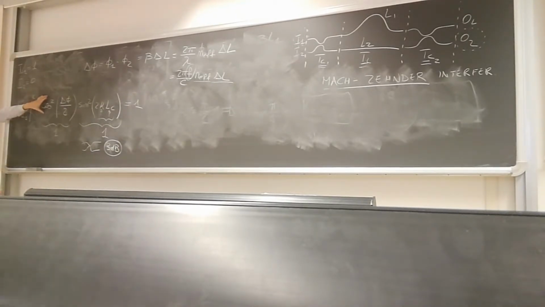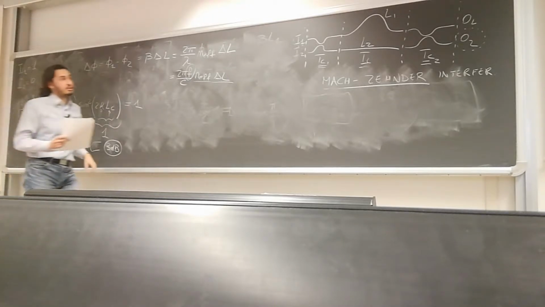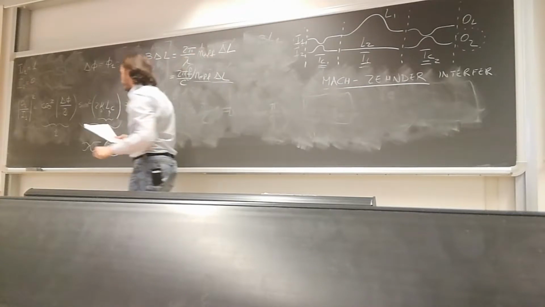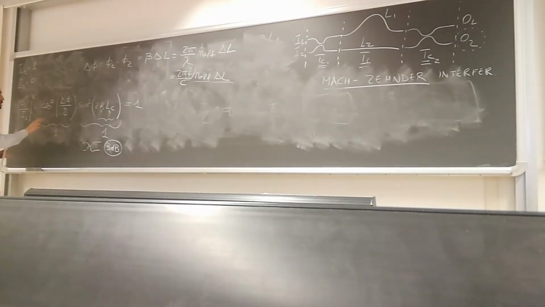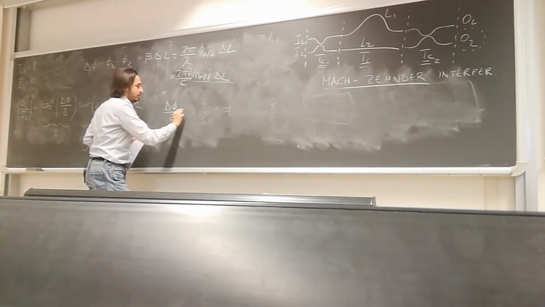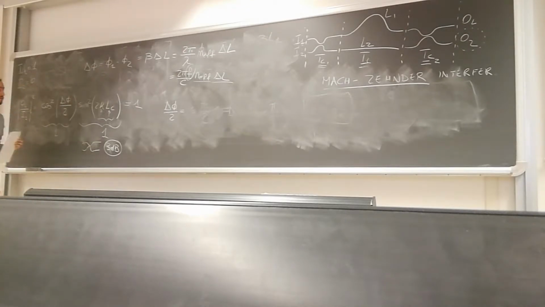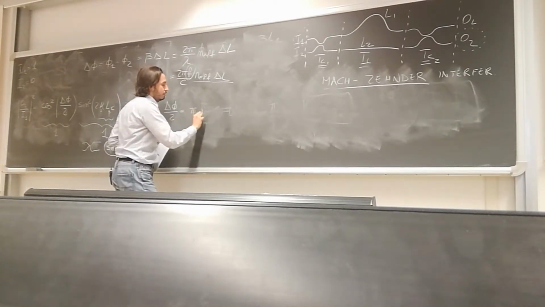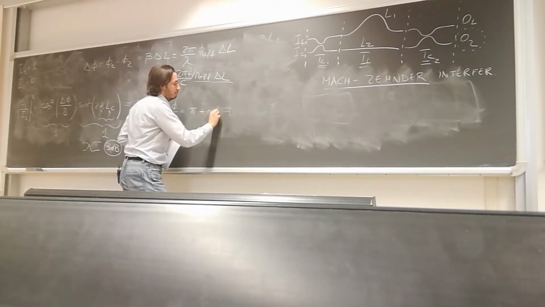This has nothing to do with the directional couplers. This is just related to the delay lines. So if I want this cosine to be 1, I need delta phi half to be pi plus and pi.